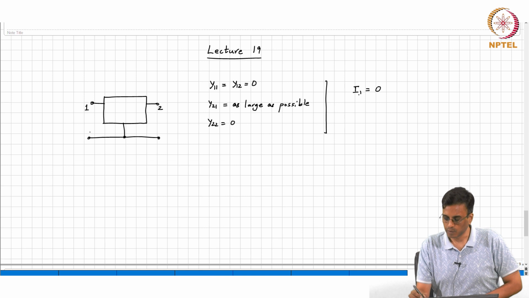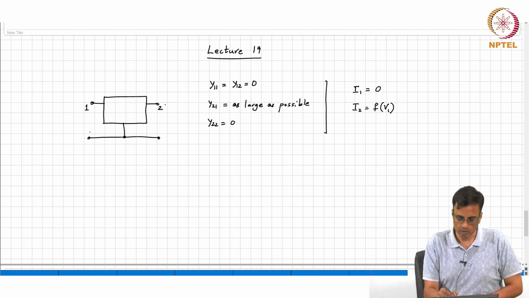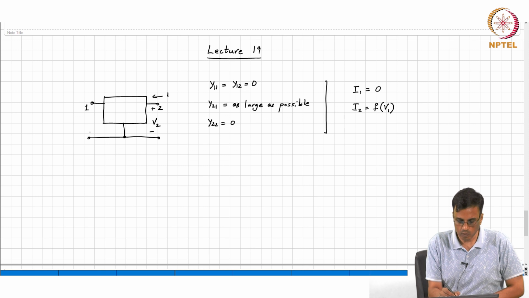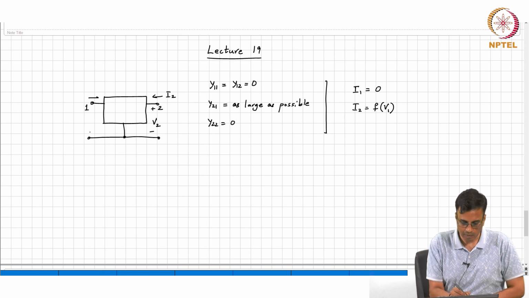And of course I2 is only a function of V1. So this is capital V2, this is I2, and this is capital I1, and this is V1.